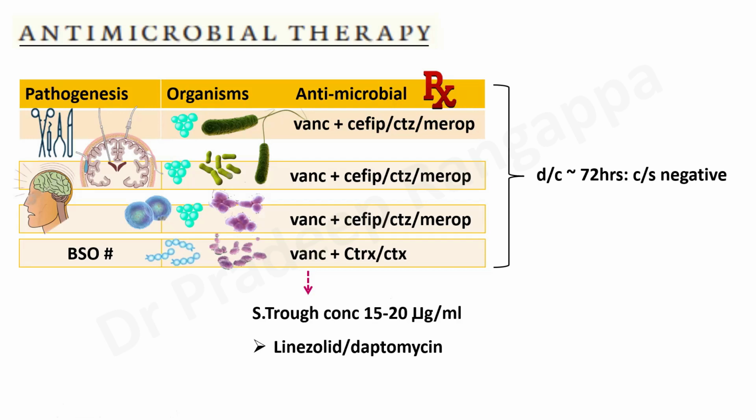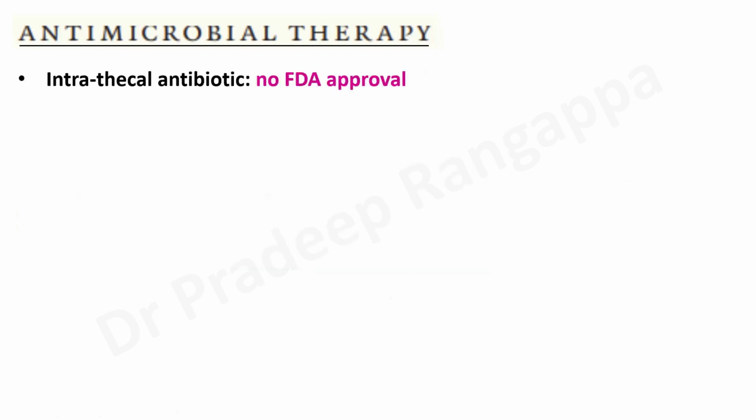And if vancomycin for some reason cannot be used, the other choices are linezolid and daptomycin, but your first choice would be vancomycin. So this is in brief the treatment suggestion that one should adopt for any of these nosocomial meningitis.